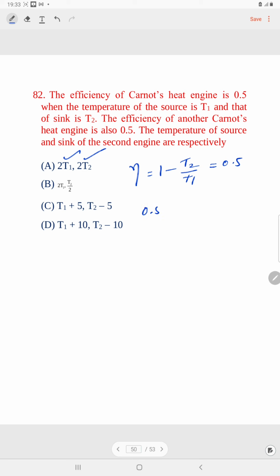To get the same efficiency, do one thing. Both T2 and T1 will be multiplied by 2. So the source temperature is going to be 2T1, the sink temperature is going to be 2T2. If both are increased 2 times, the efficiency will not change. It remains 0.5. It is going to be option A.